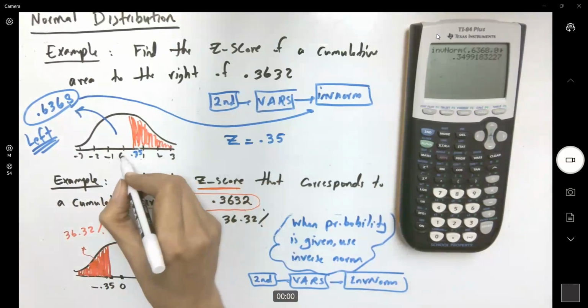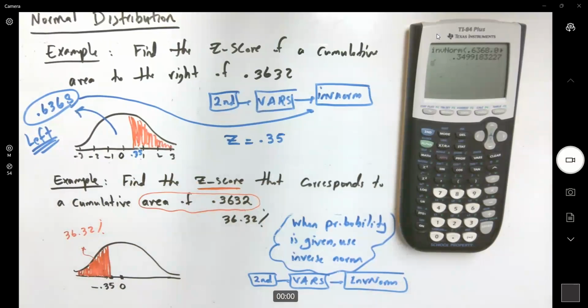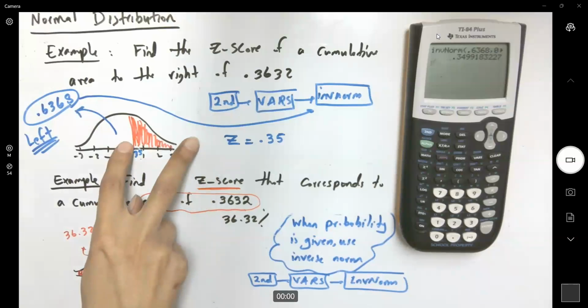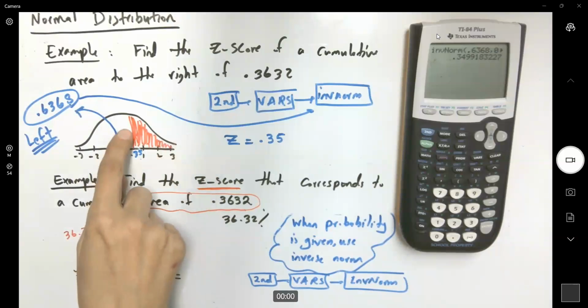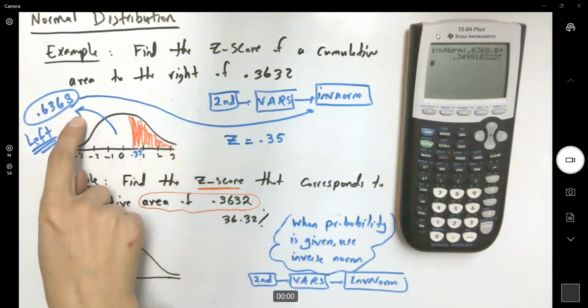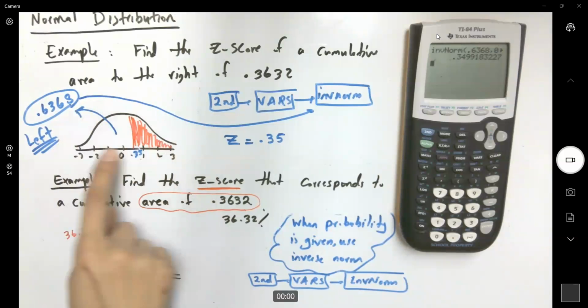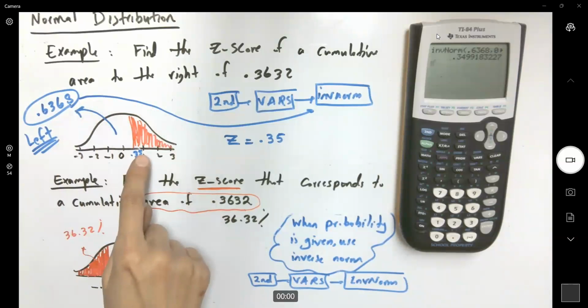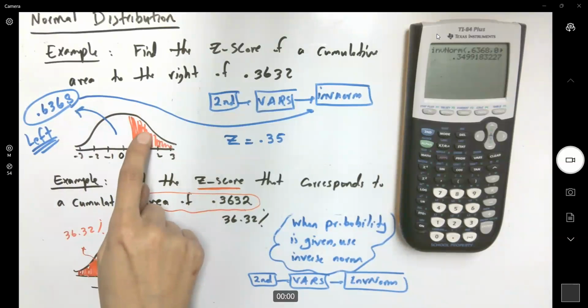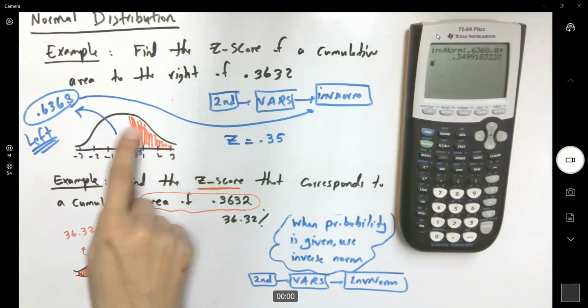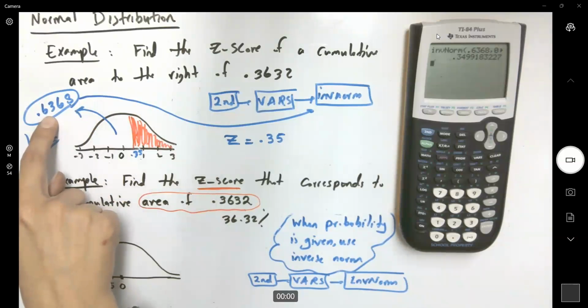That's how we calculate Z values. If it's on the left, you directly use your calculator. But if the area is on the right, we have to do a little bit of algebra ourselves. 100 minus the area, which is 36.32%, gives us the area 63.68%.